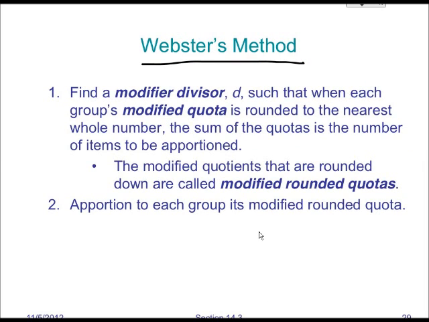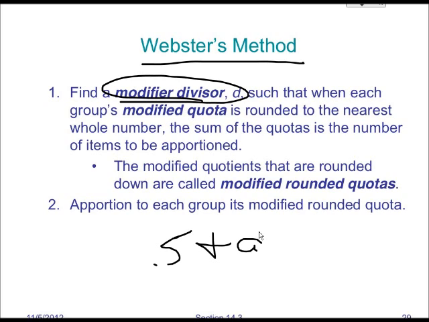Webster's method, modified divisor. Modified divisor means guess and check until you find one that works. Webster's method is the trickiest because we use standard rules for rounding. So 0.5 and above gets rounded up. Below 0.5, they get rounded down.